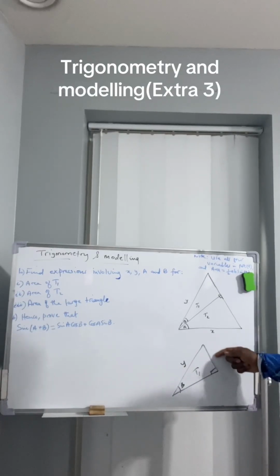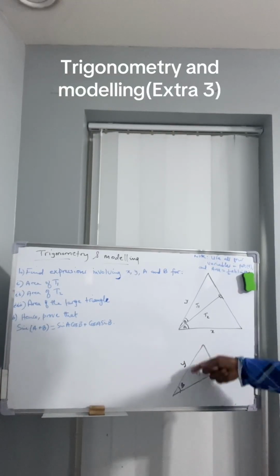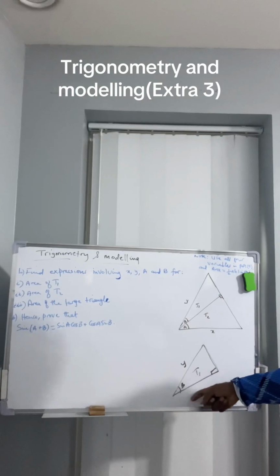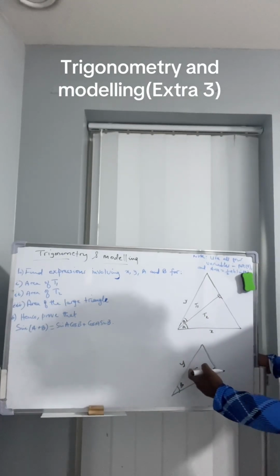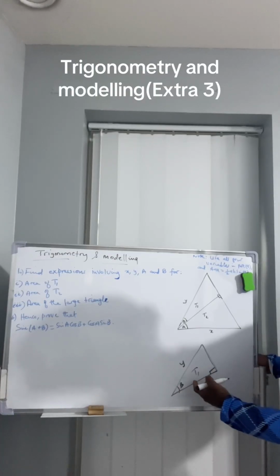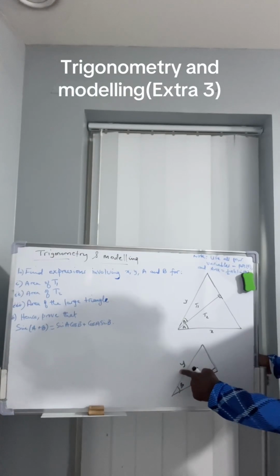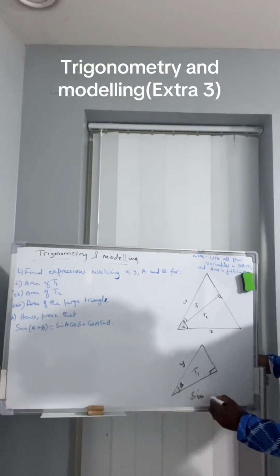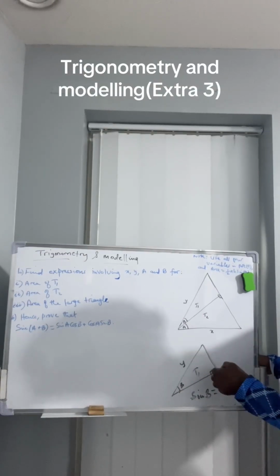And what is this side? Yeah, this is why. So we are interested more in this side, which forms the angle. So to find this angle here, and you are given the opposite and hypotenuse, so if we say sine of B is equal to the opposite, that is this line.